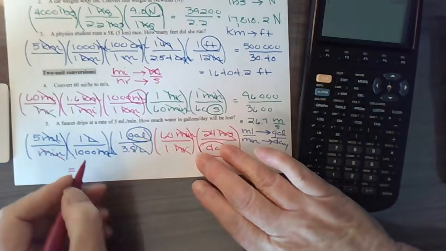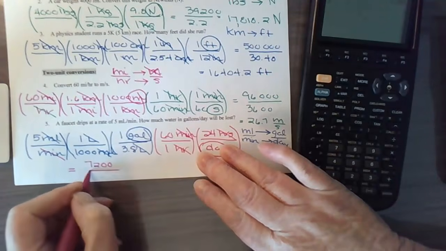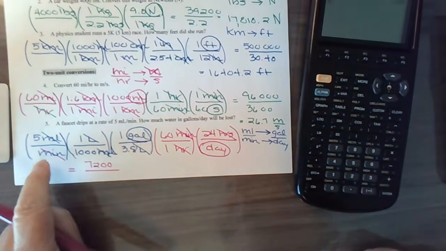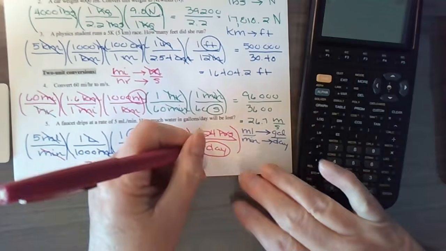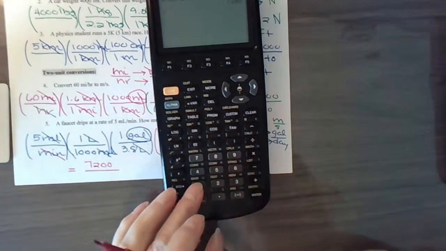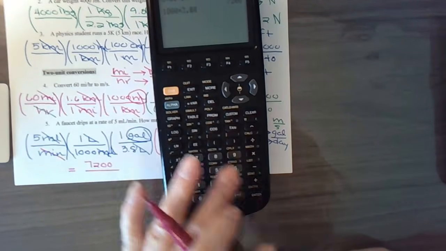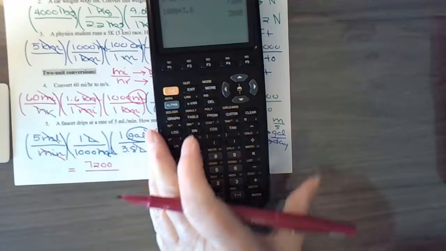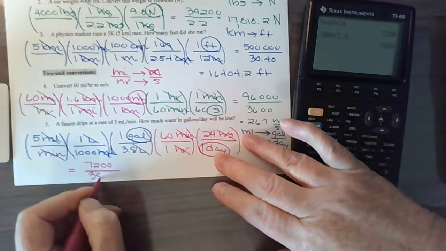So write that on the top, 7,200. And on the bottom, we have 1,000 times 3.8 times 1, and there's a 1. So 1,000 times 3.8. 3,800, we knew that. We didn't need the calculator for that. 3,800.